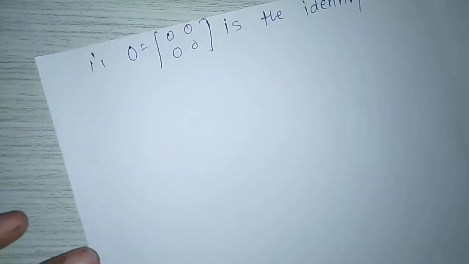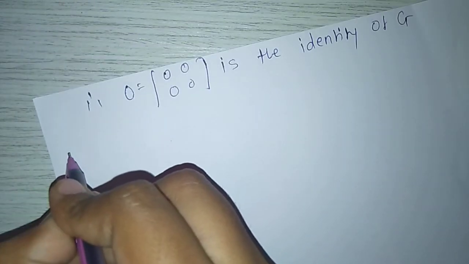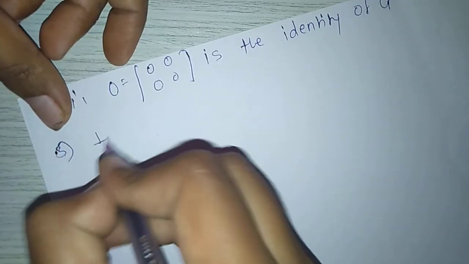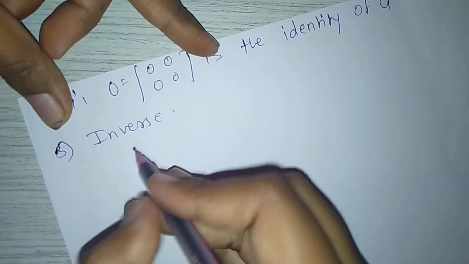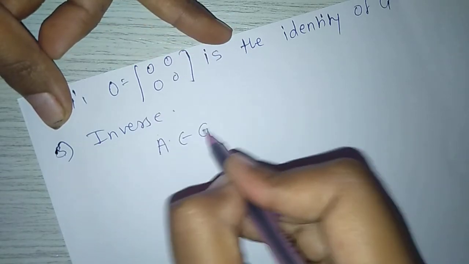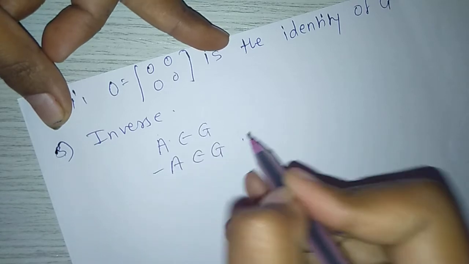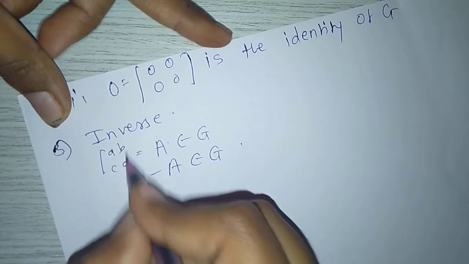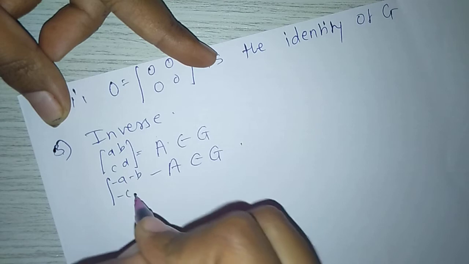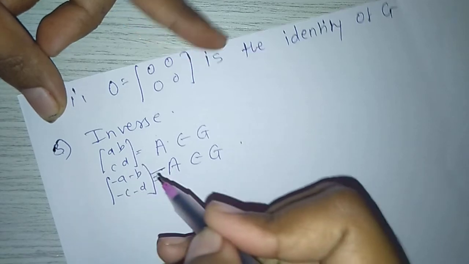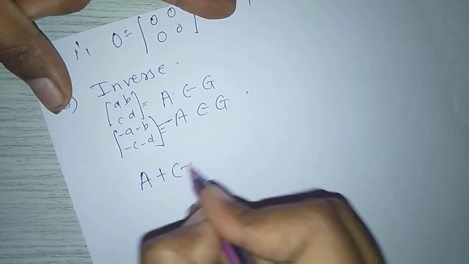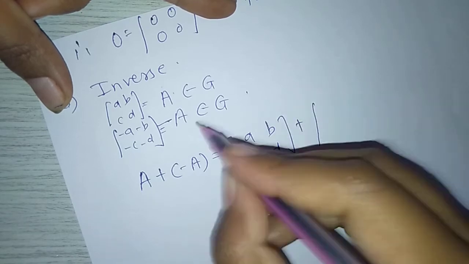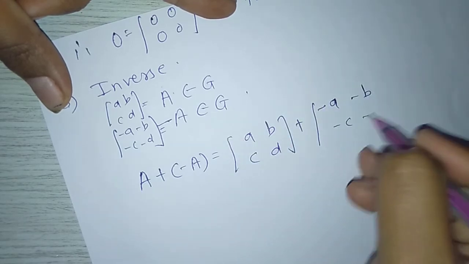Now inverse. A belongs to G, minus A also belongs to G. Why? A equal to a, b, c, d, also minus a, minus b, minus c, minus d, which is equal to minus A, also belongs to G. A plus minus A equal to a, b, c, d plus minus a, minus b, minus c, minus d.